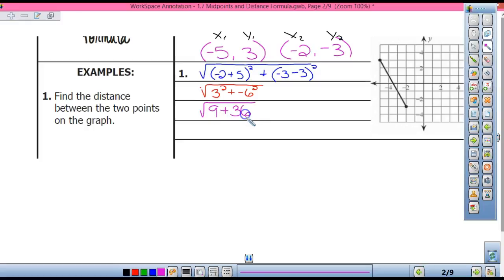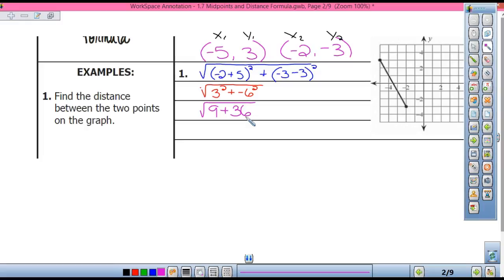Now be careful, if you have a graphing calculator and you type in negative 6 squared, it's going to give you negative 36. Okay, because those graphing calculators don't do order of operations. But you know that when you square a number, you're always going to have a positive. Okay, so keep that in mind, those of you with graphing calculators.